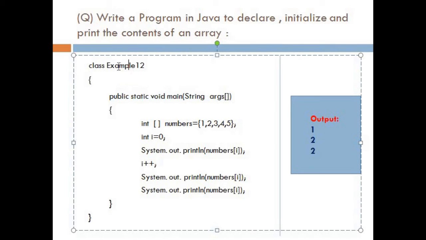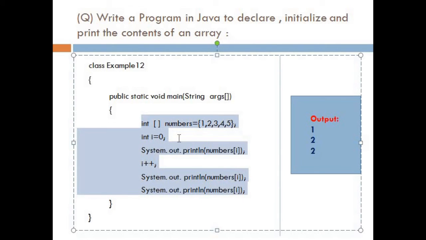Just as the class has a body represented by the opening and closing braces, in the same way the main method also has a body. Inside the body of this main method, there are a series of Java statements.